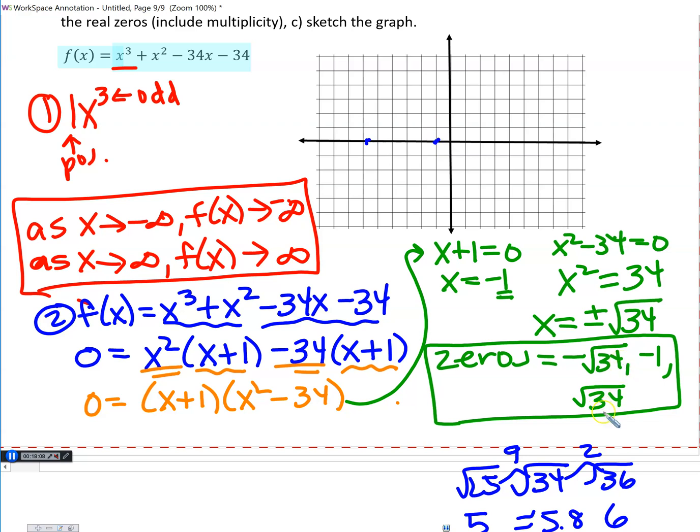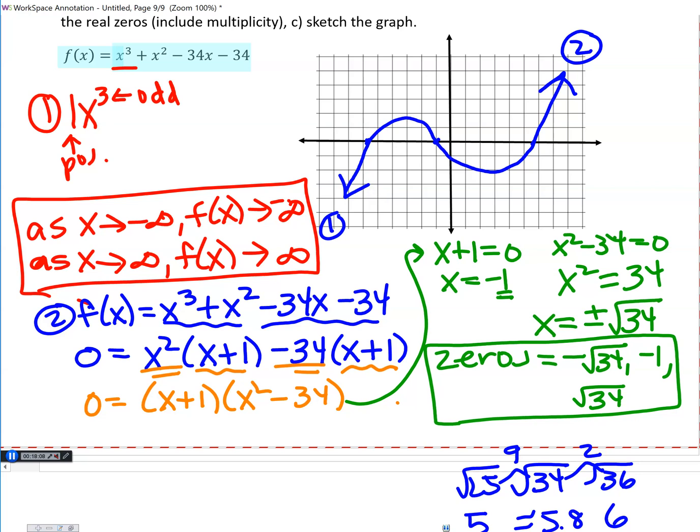And then positive 5.8, 1, 2, 3, 4, 5.8, there. And our end behavior, our left end is going to negative infinity. Our right end is going to positive infinity. No multiplicity, so it just curves through each of the zeros nice and smoothly and keeps going. All right, that finishes this one.